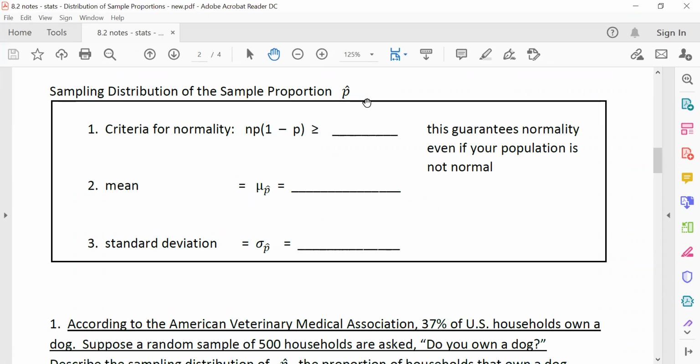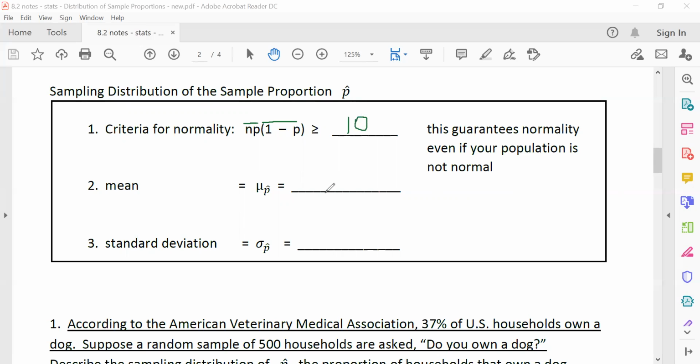The 30 thing is usually how it is. But for this particular problem, we need n, the sample size, times p, the proportion from the population, times 1 minus p. We need that to be larger than about 10.